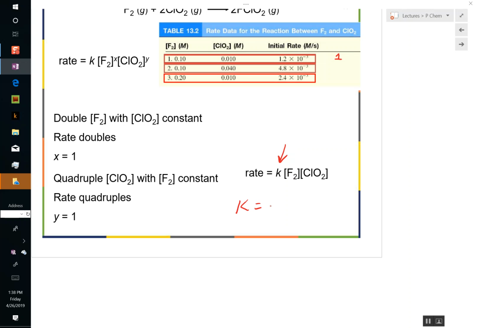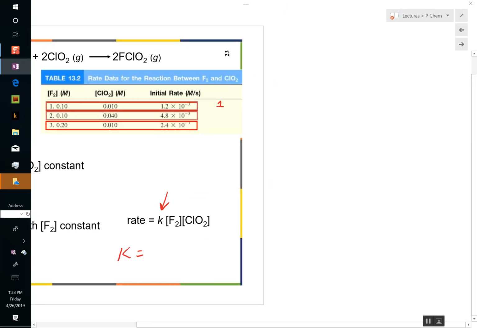Now these numbers came out really well. The rate is nice and clean and you can see it real well. But if we had to actually do the calculation, we could say that for experiment 1 we have a rate equal to K times the concentration of the fluorine to some power times the concentration of ClO2 to some power.